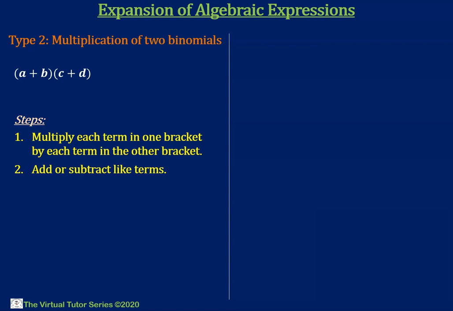So the expression (a + b)(c + d) can be expanded by distributing a over c and d, and distributing b over c and d. That is a(c + d) + b(c + d).